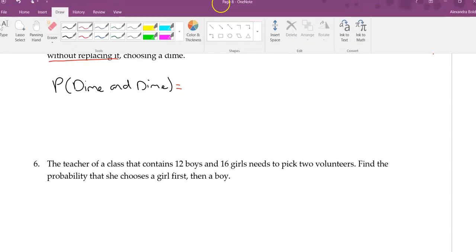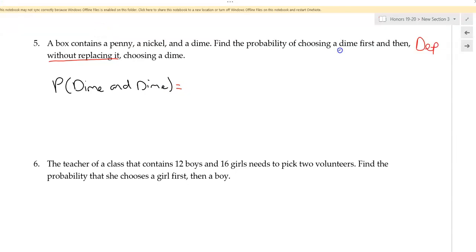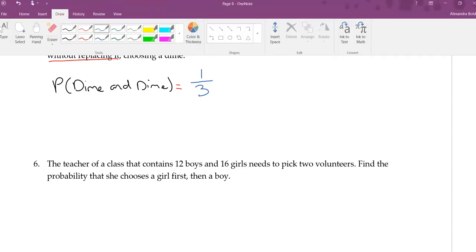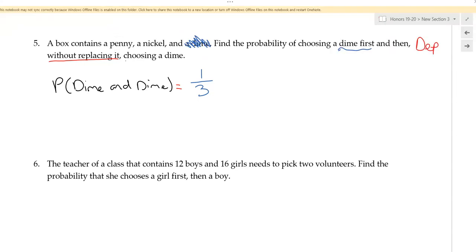Well, the probability of choosing a dime the first time, well, there's 1 dime out of 3 coins. Now, I've chosen a dime. There's only 1. The dime's gone. So now if I choose a dime again, well, there's 0 dimes and only 2 coins.